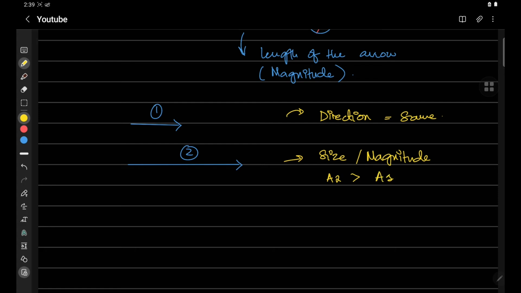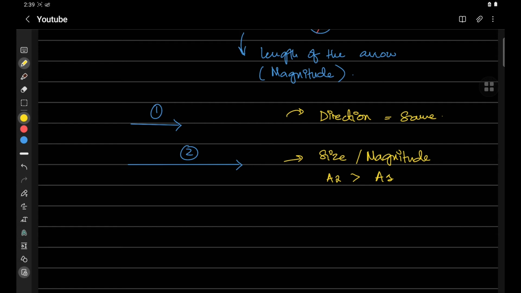You can see it, right? Just by looking at the length of the arrow, you can see that the first arrow is smaller and the second arrow is bigger. Okay, so the arrowhead will represent the direction of the vector, all right, and the length of the arrow would help you understand the magnitude of how big or small something is, right?